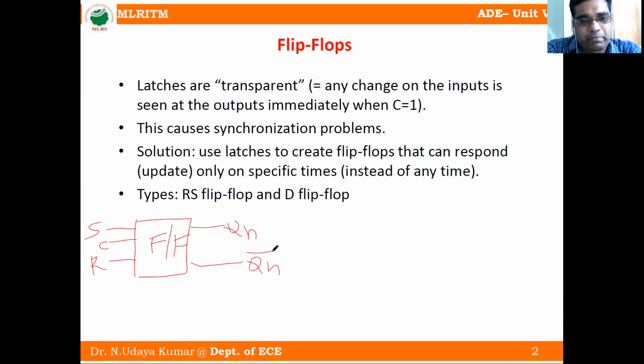This is the present state. When the present output is fed back to the input again, we get the next state, which we call Qn plus 1. Its complement is Qn plus 1 bar. This one is the present state, PS, and this one is the next state, NS.